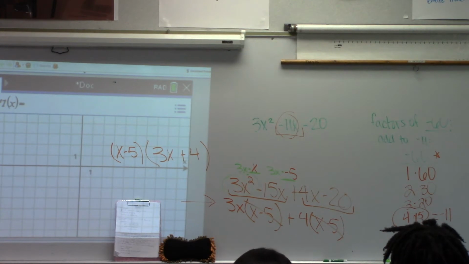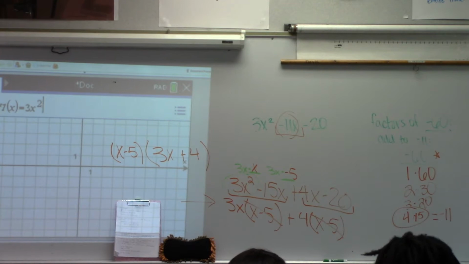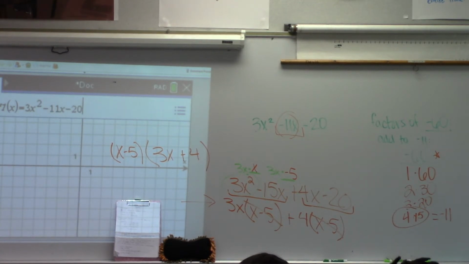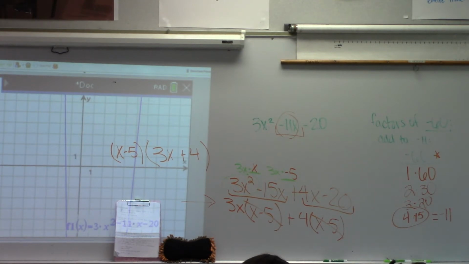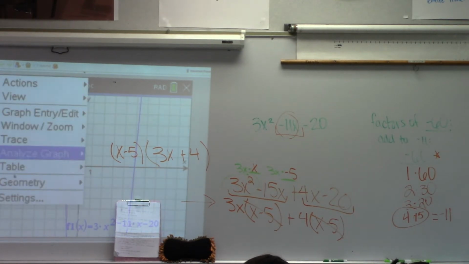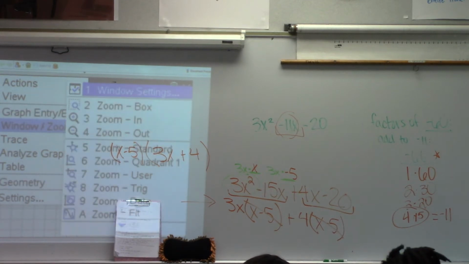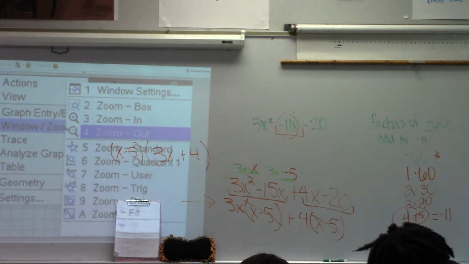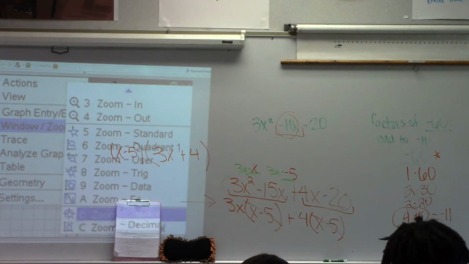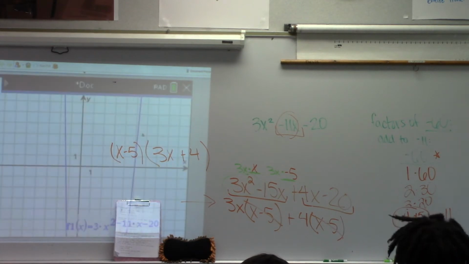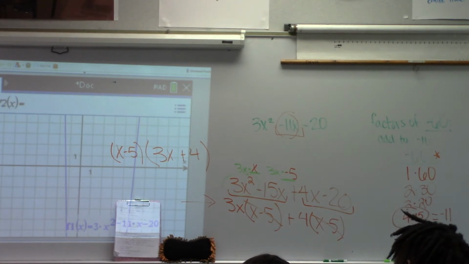Okay, so our original was the 3x squared minus 11x minus 20. It's already in standard form. I would just graph the other one, not sweat seeing the vertex, because you can tell if they snap or not.